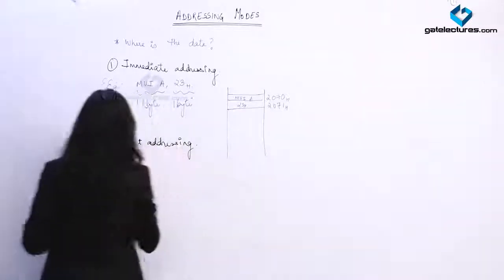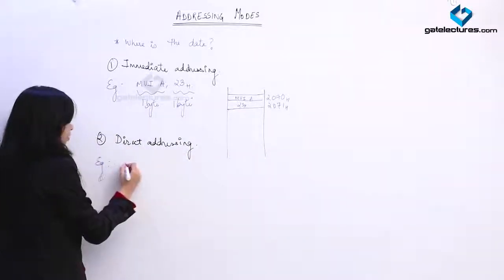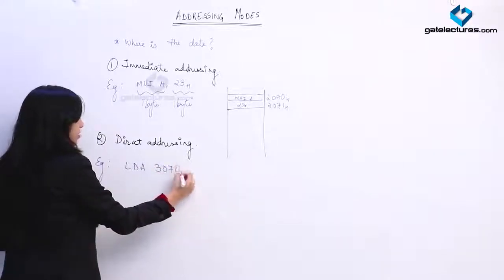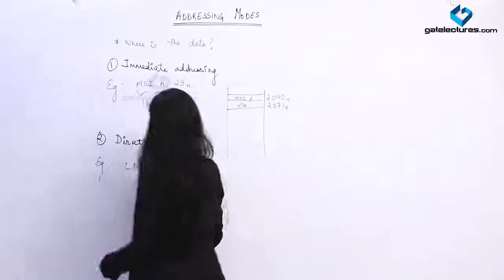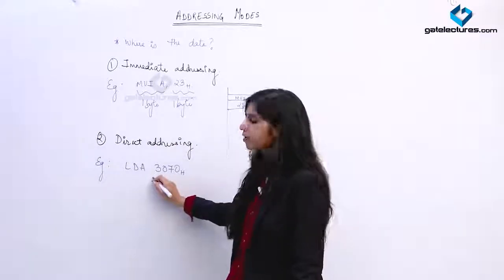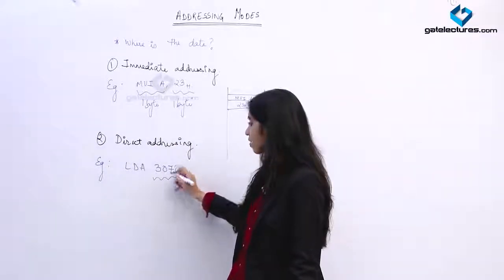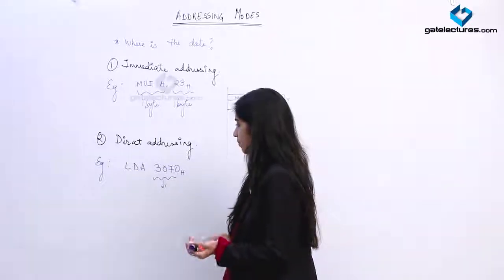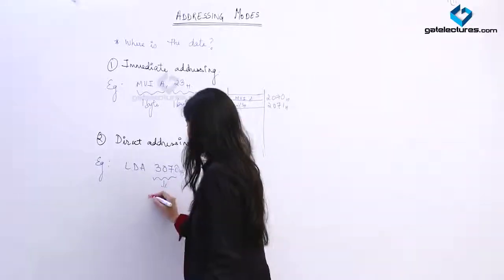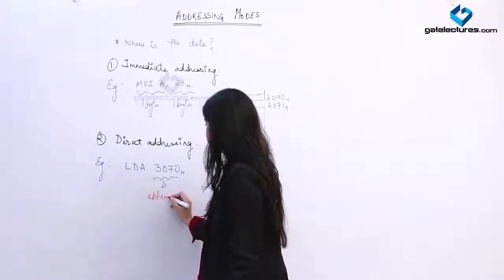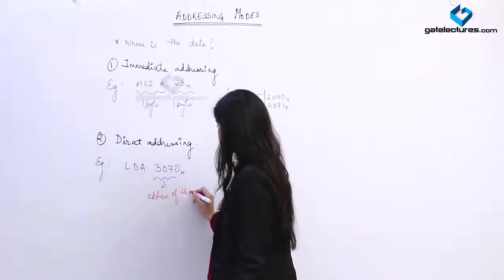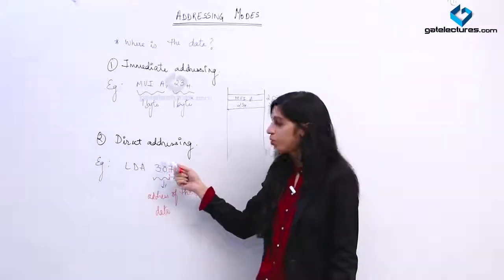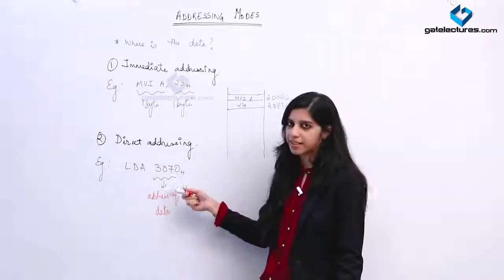For example, you are giving an instruction LDA 3070H. What have you given? We have given the memory address of the data. So in this addressing mode, we give the address of the data directly.